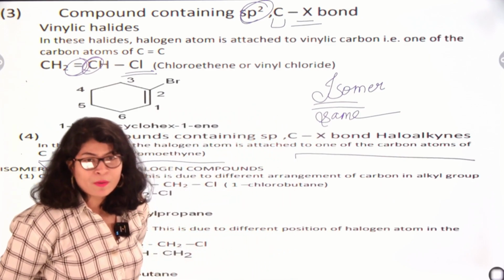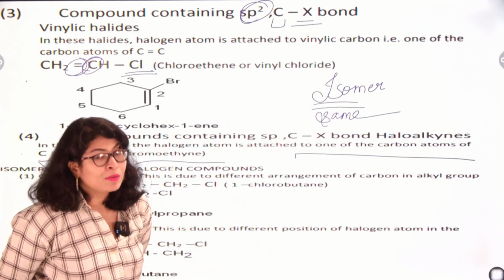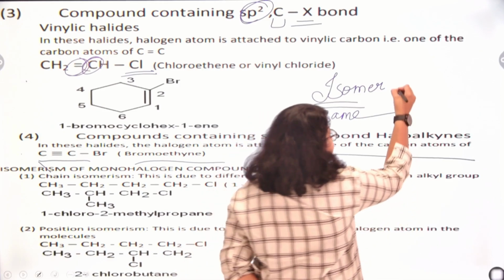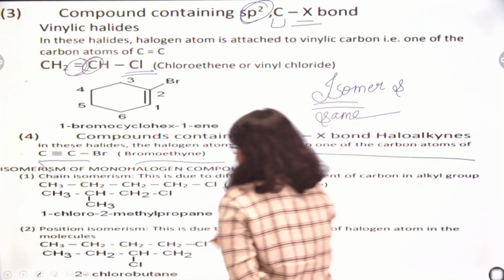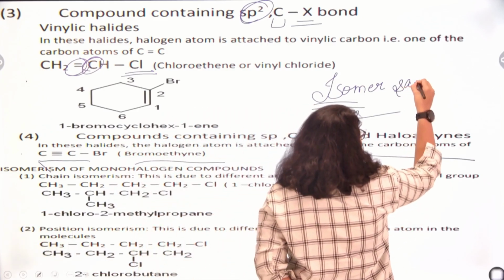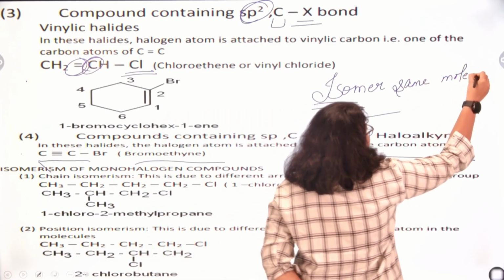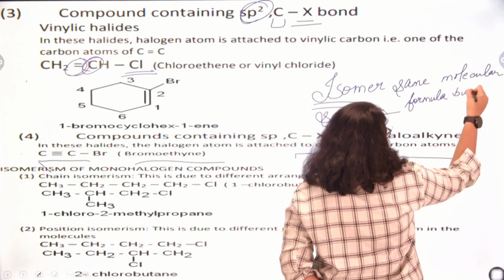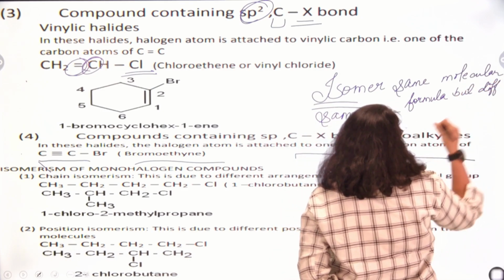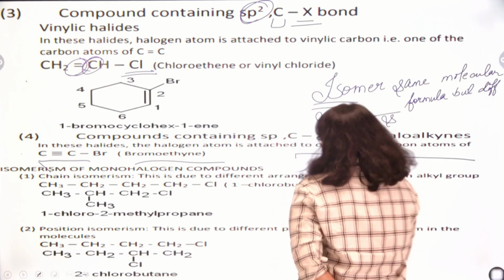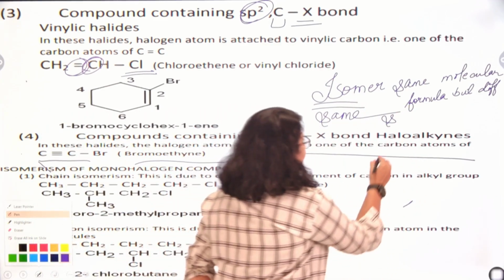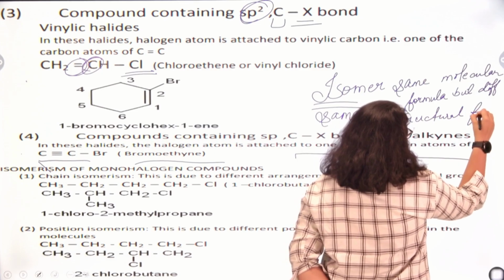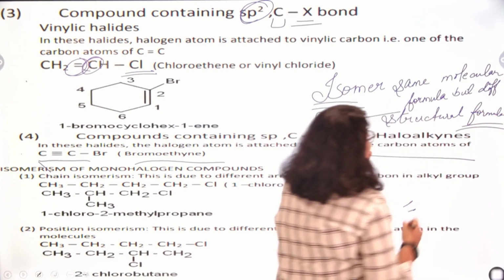So such a class of compounds which have the same molecular formula but different structural formula fall under the category of isomers.